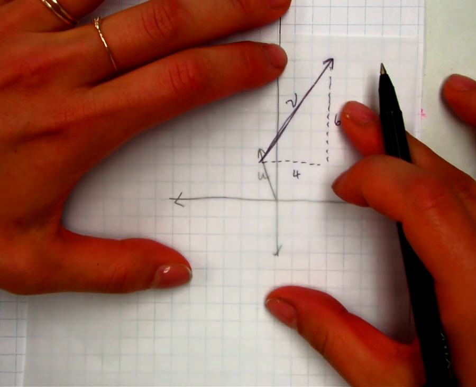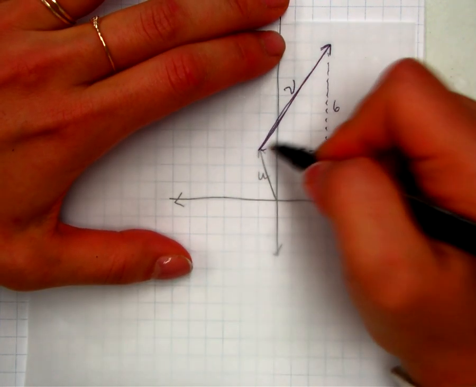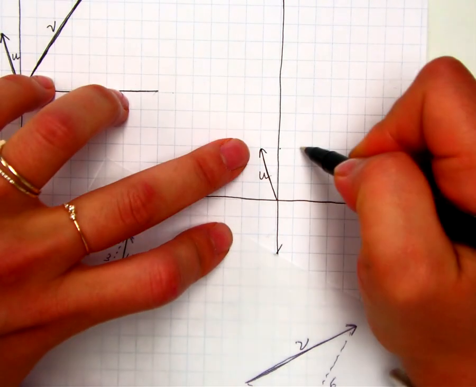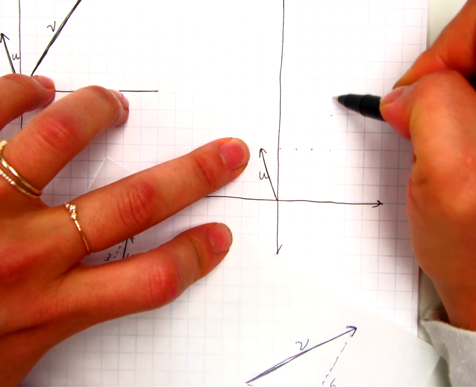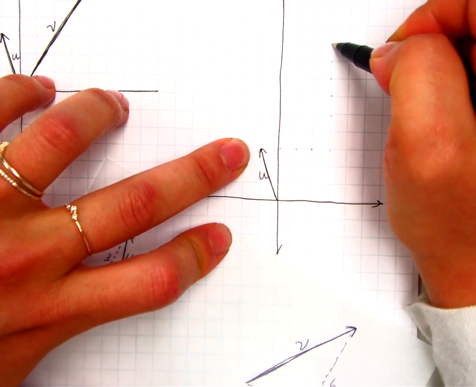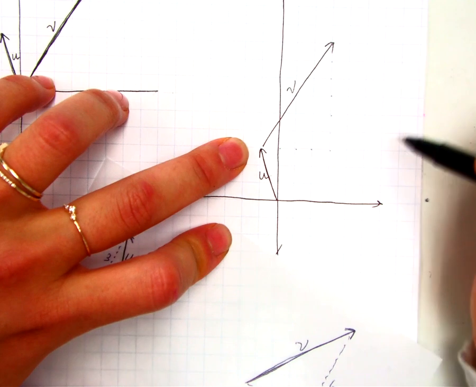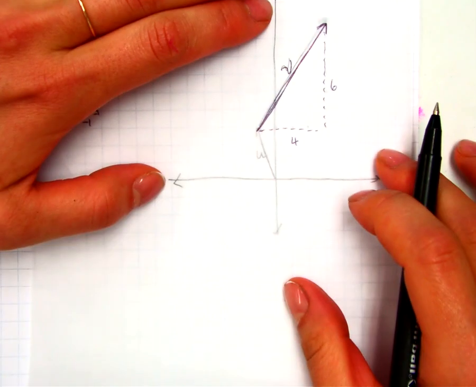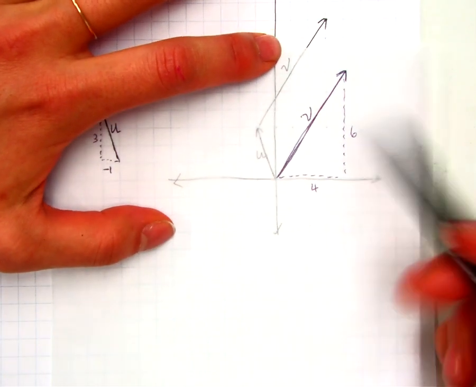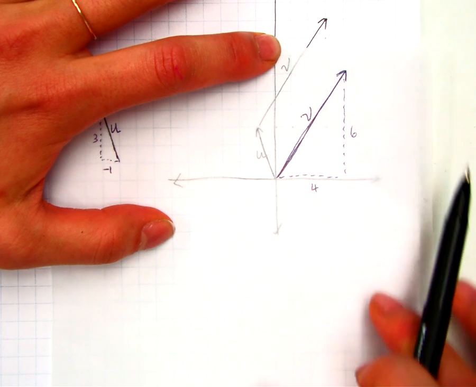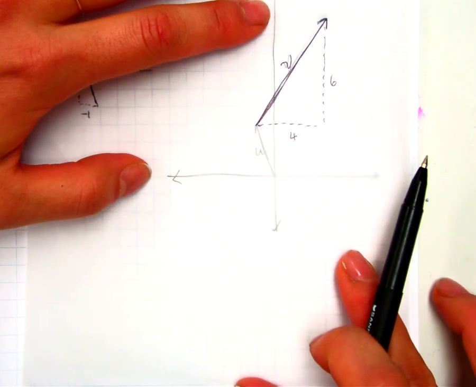So this v, I'm going to shift over here. So from this point, I got to move over 1, 2, 3, 4, and up 1, 2, 3, 4, 5, 6. Right? So again, this is where my vector v used to be, but I'm adding it to the vector u.